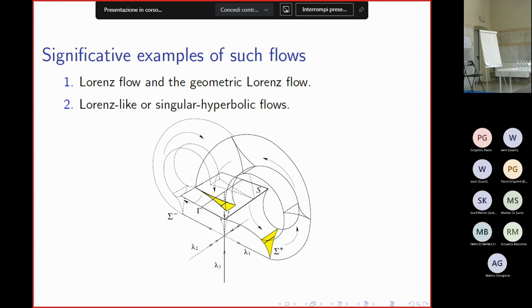this is what is nowadays called the geometric Lorenz flow, which models the original equations by Lorenz. Lorenz gave those equations in the 60s to model the long-term evolution of climate. At that time it was impossible to solve the equations, which were quite simple.